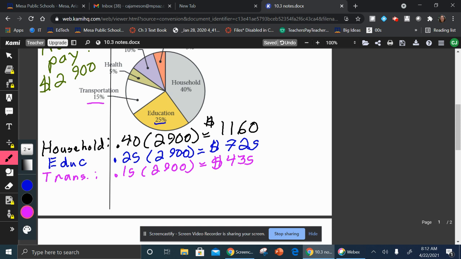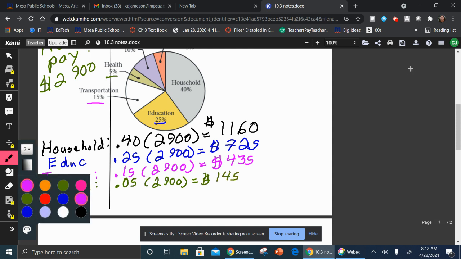And then we have health. Health is very important. Got to take care of ourselves. Health is 5% times 2,900, and we put that in the calculator and get $145.